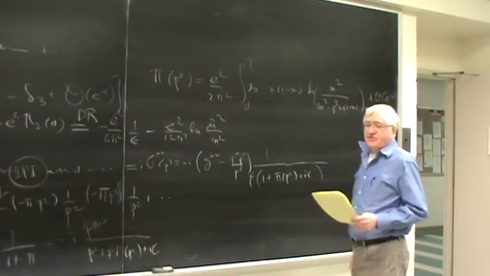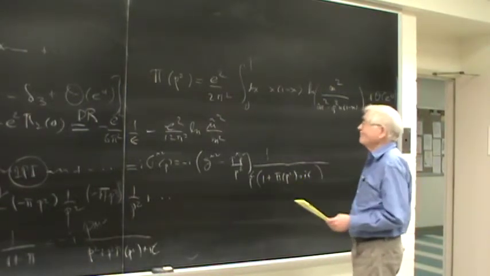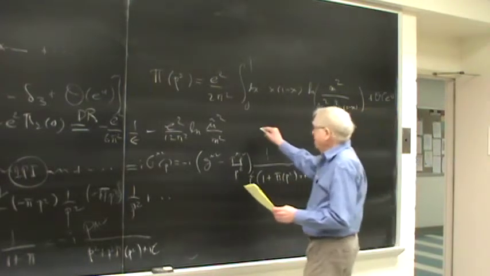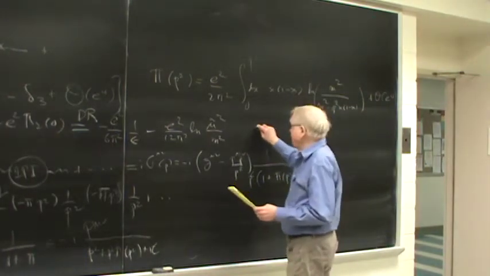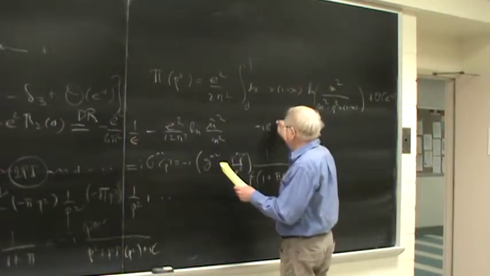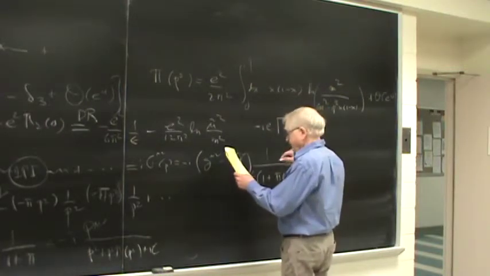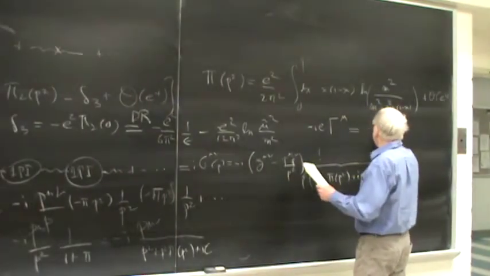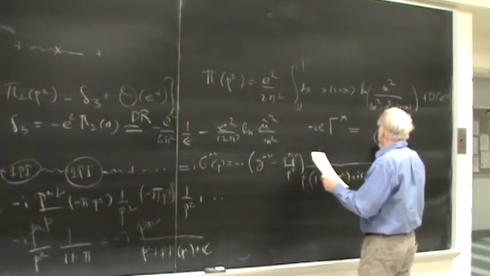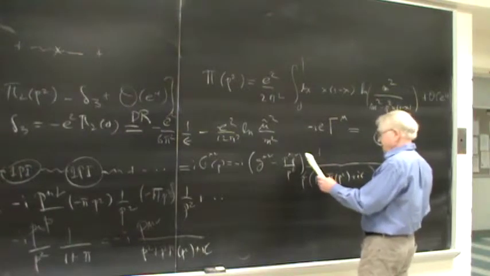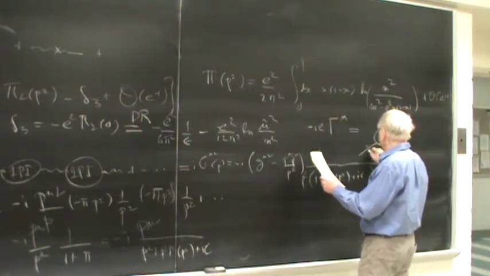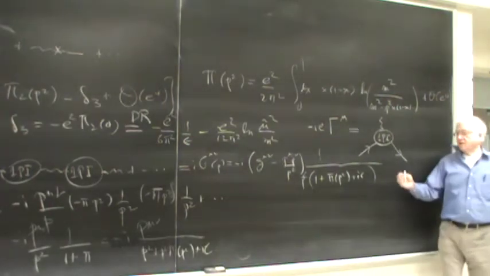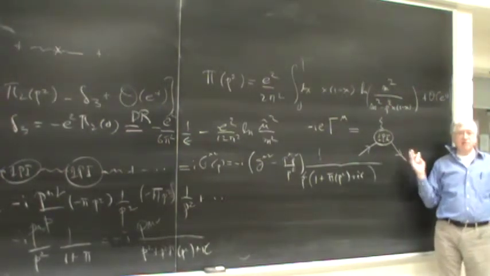Okay, now let's go to the 3-point function. Not much board space left. We've got minus i e gamma mu. This thing we're going to define as the photon in all 1-particle irreducible diagrams that have one photon line, one electron in, one electron out.